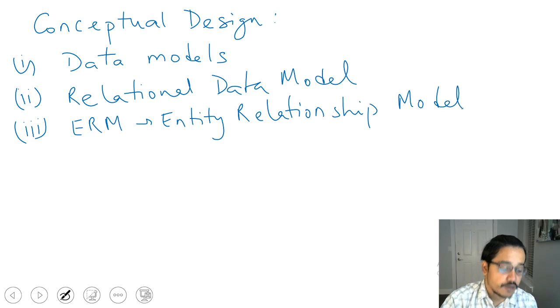Okay, so the overall goal is, since the relational data model will help us with the fundamental constructs of our conceptual design, but in order to make it graphically simple and in order to convey our ideas to, let's say, our clients, to our audiences, to our managers, whoever it might be, right?